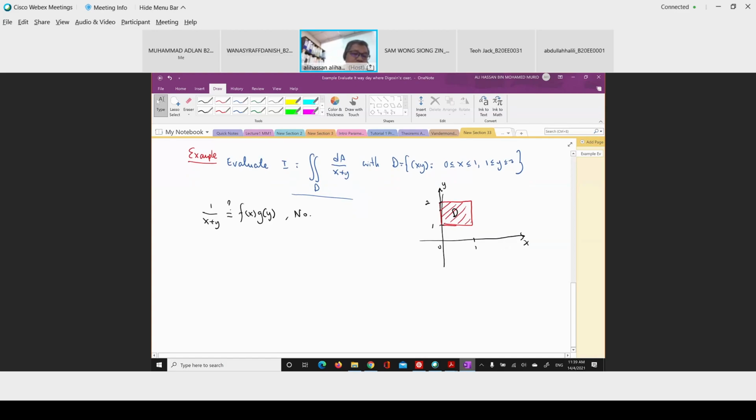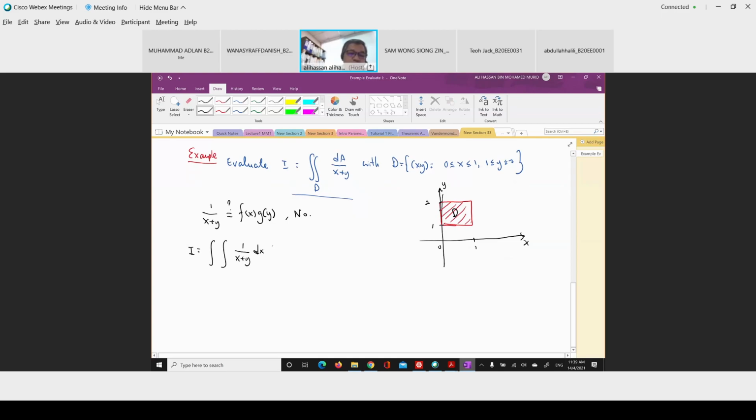So one way is we can evaluate this integral either using the order dx dy or dy dx. So let's use the order dx dy. Let's try this order.